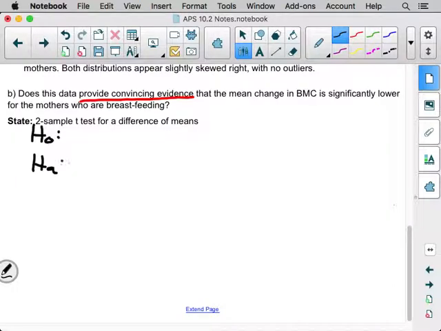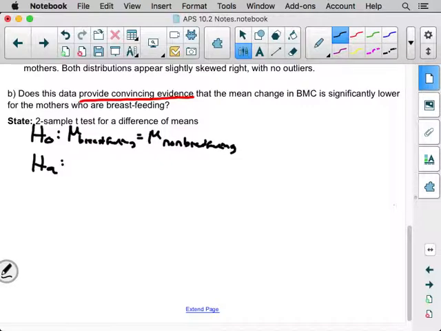Hypotheses. So remember, the null always uses an equal sign, right? Now, in this case, what is equaling? The two means to each other. Now, if we're doing means, though, this isn't going to be p. What's it going to be? Mu. Okay, so we're going to say mu of breastfeeding equals mu of non-breastfeeding.